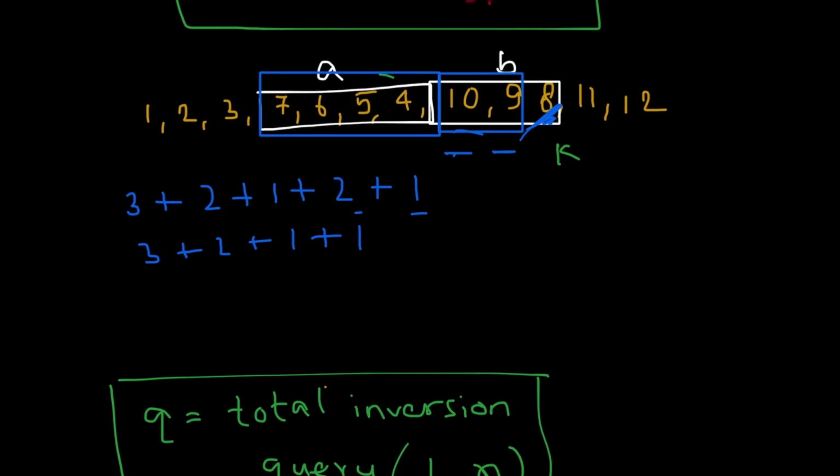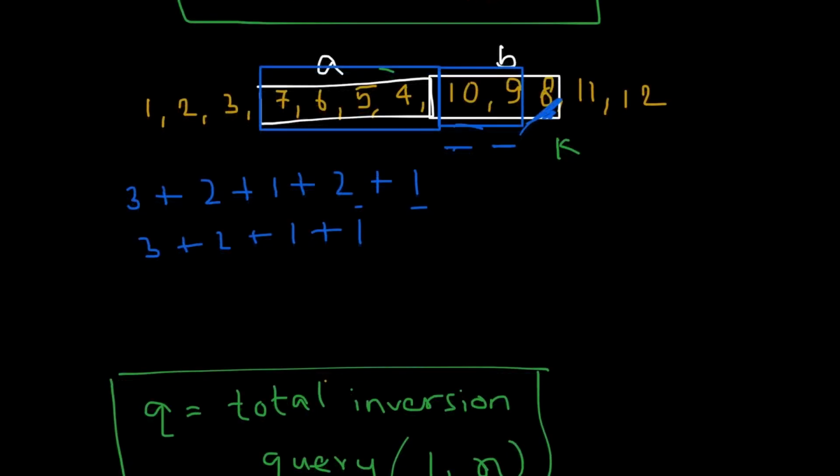Now, how can I get the value for A? For finding the value of A, as we know, the total number of inversions is stored in Q, right? And we also know the value of B. So we can calculate how many inversions are formed due to this whole part. We can calculate this by B into B minus 1.